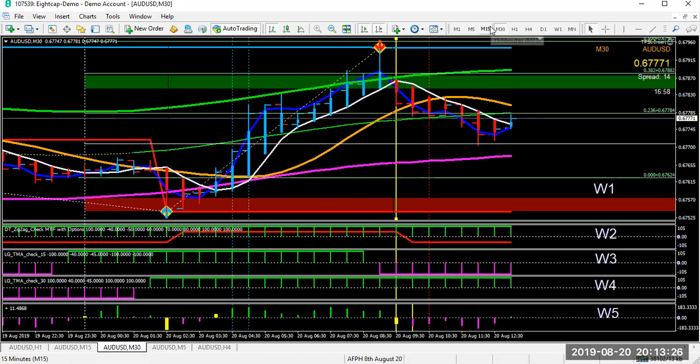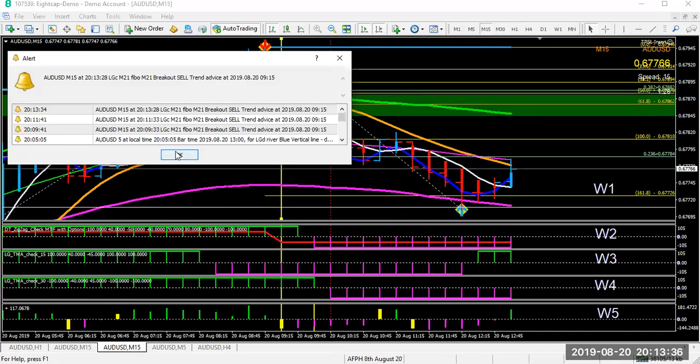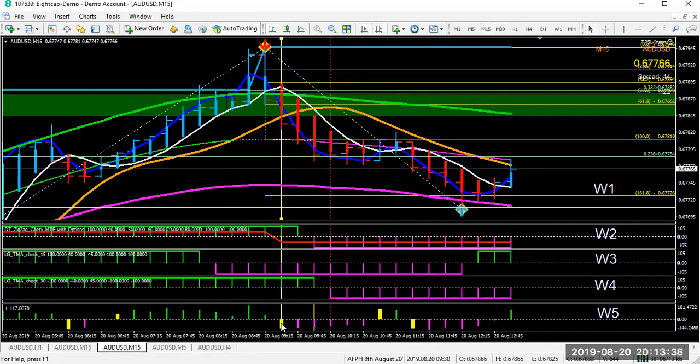Okay, so once again, if we go through what the histogram would have looked like in the M15, notice that there was a histogram in the M15, and the alert would have come the candle after. Yeah.